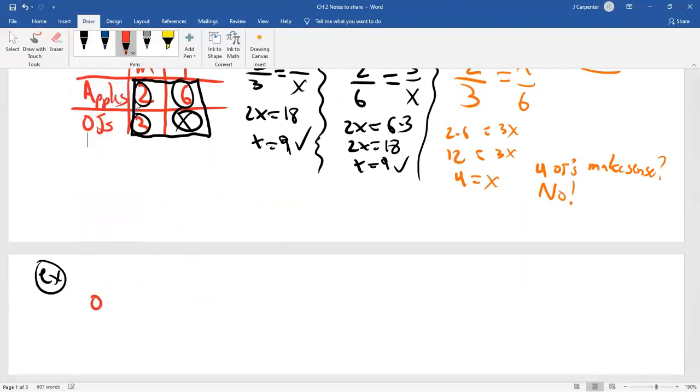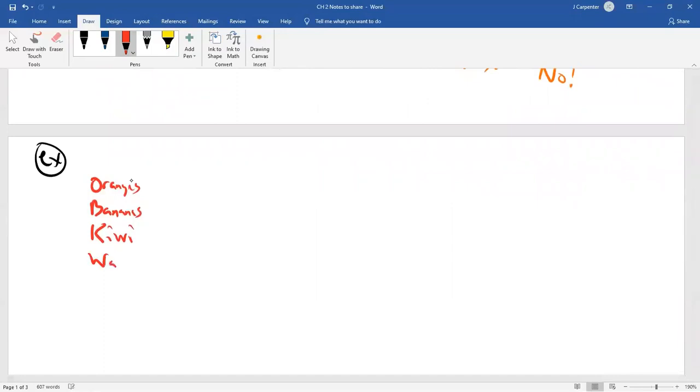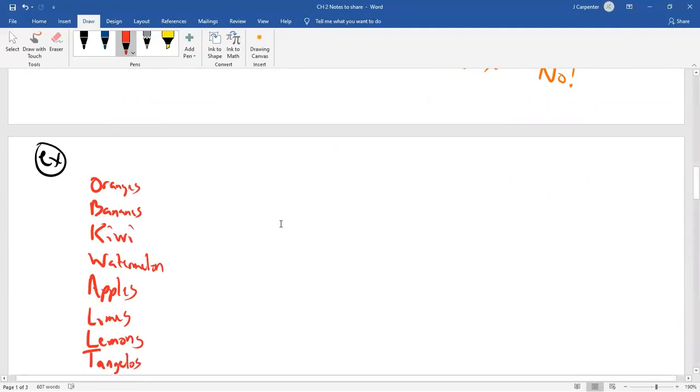Let's go oranges, bananas, kiwis, watermelon, apples, limes, lemons, and then a fruit I feel like has kind of gotten lost in the history of things, tangelos. Those little small oranges that are like a half orange, half tangerine.